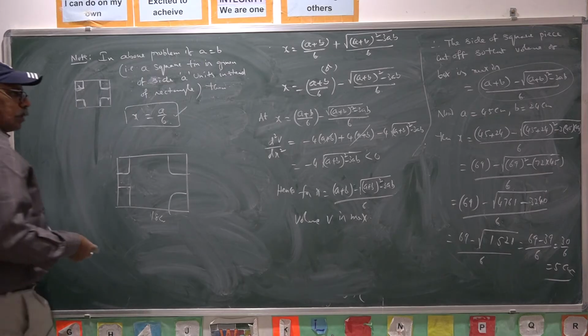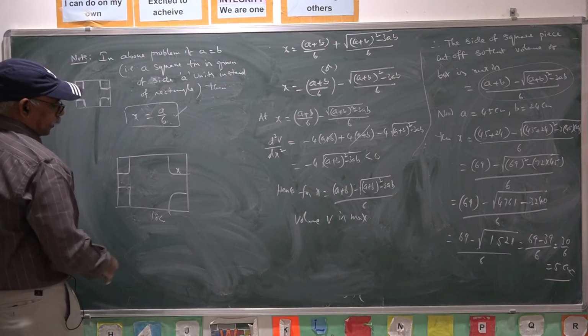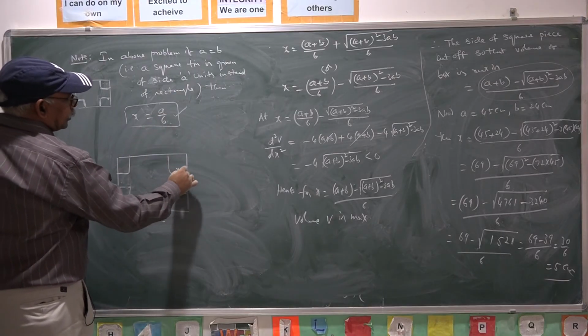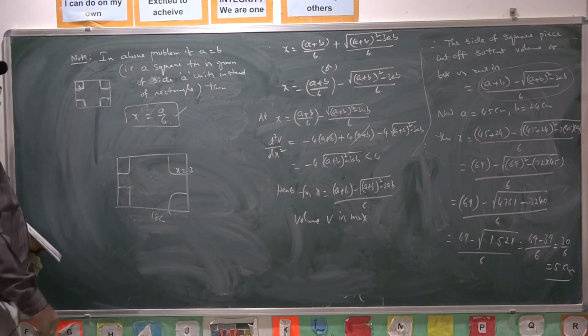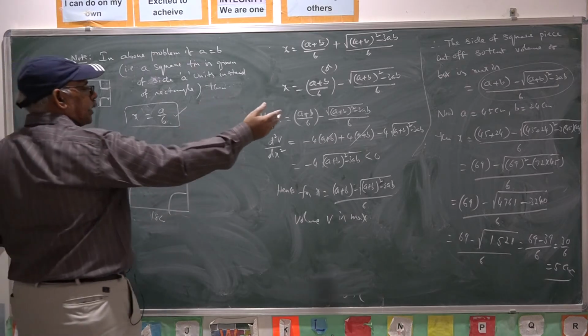Once the volume of the box is maximum, what is the side of the square piece? So that is nothing but a equal to 18 here. So x equal to 3. Straight away you can say. Just the same process you can take like this, taking b as a.